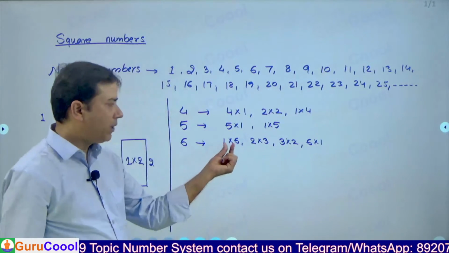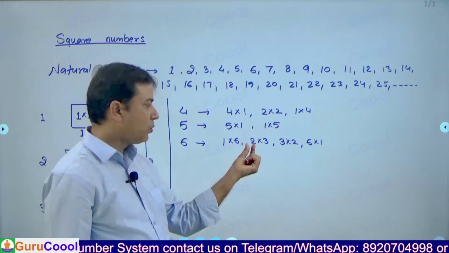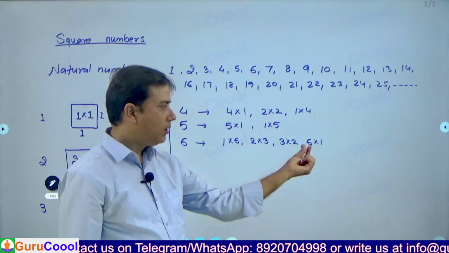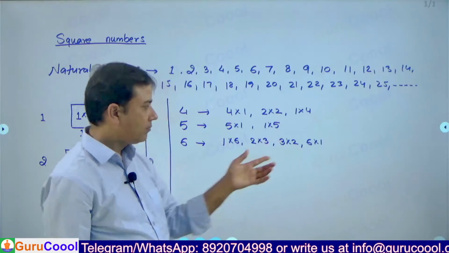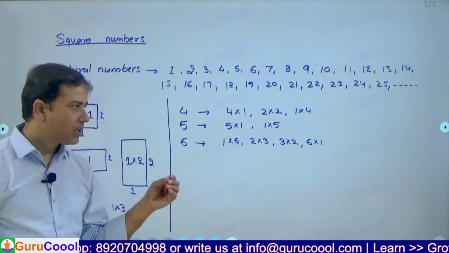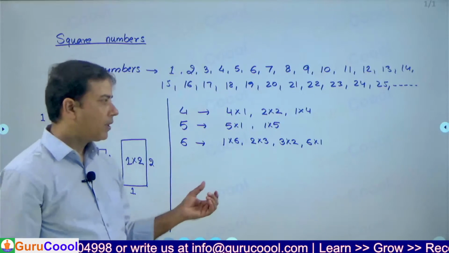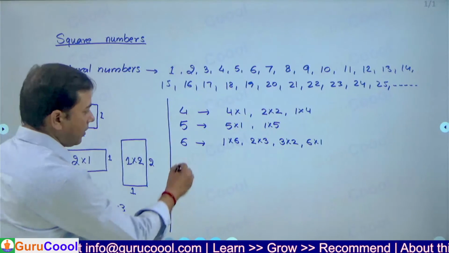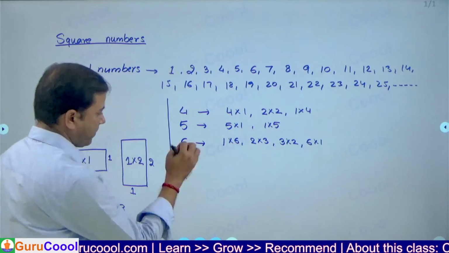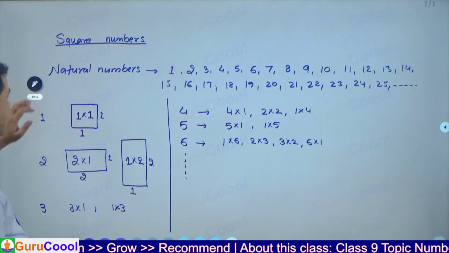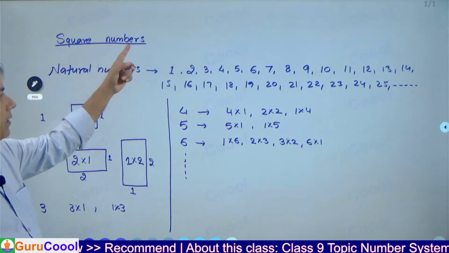So we can represent these numbers as rectangles of some dimensions. Similarly, we can move ahead. But now let us think of those numbers which are square numbers.